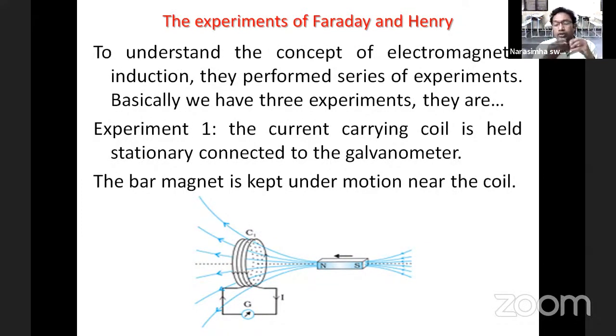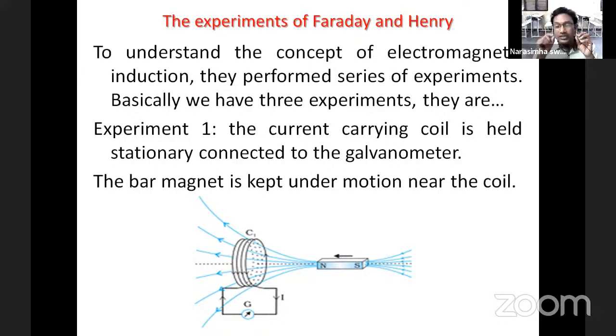Now, by changing the magnetic field, when the magnet moves towards the coil, which is a conductor full of free electrons, the motion of those free electrons is restricted to a particular direction because of the magnetic field, the magnetic lines of force.